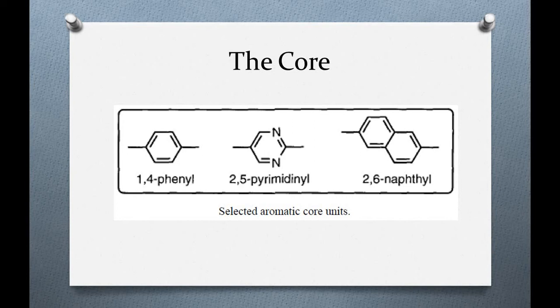These are the three very common cores that you have. In general they are aromatic, and they basically signify those A and B that I wrote down there. But beyond this, you can also have different kinds of alicyclic materials as well.